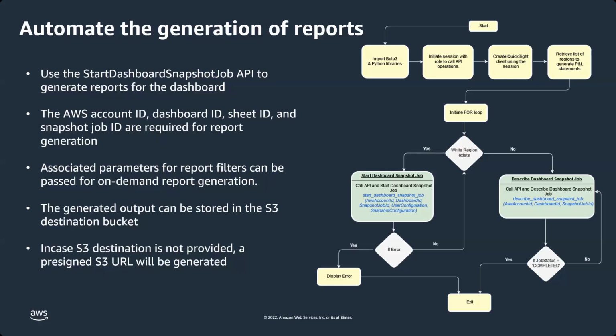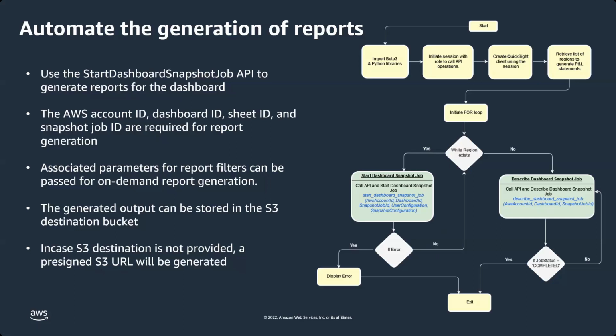So you need to pass your account ID, you need to pass the dashboard ID, you need to give the unique snapshot job ID name, you need to specify the user configuration, like what filters are required, and the snapshot configuration where this outcome is going to be saved. Once you provide all that, it will execute for each and every region. So let's say there are 4 regions, so 4 times you can make a call to that API.